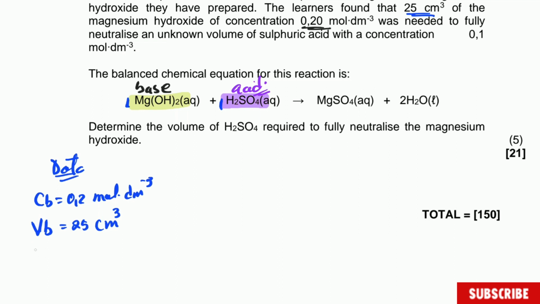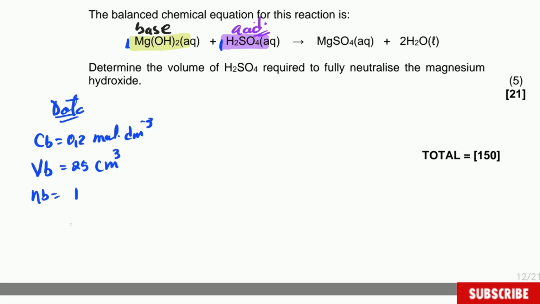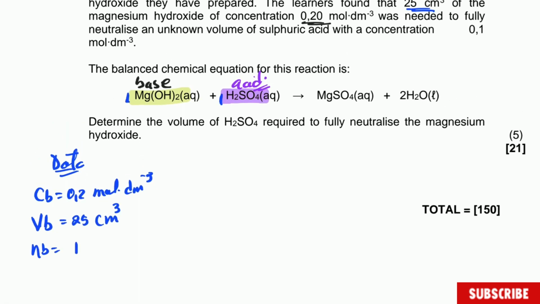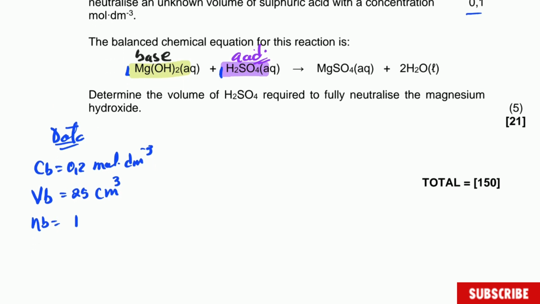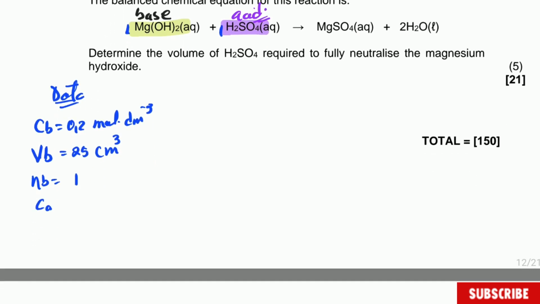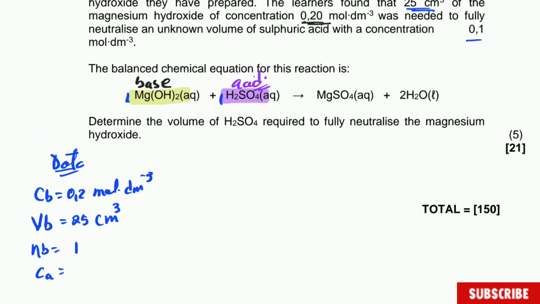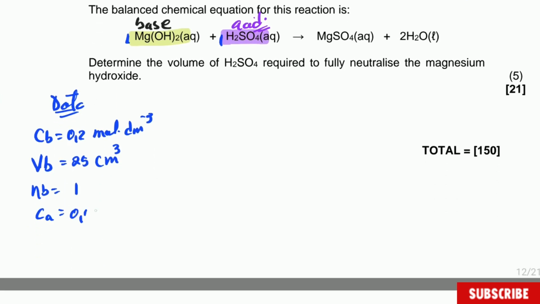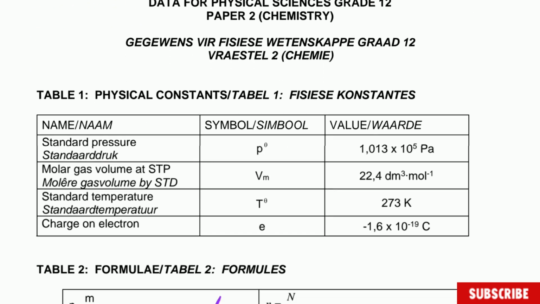Okay, so the ratio for the base, nB, is going to be equal to 1. And we're going now for the acid. We have the concentration of the acid, which is equal to 0.1 mole per cubic decimeter. Volume of the acid is what we're looking for, that is the question mark, and nA is equal to 1. We're going to look for the formula of titration.